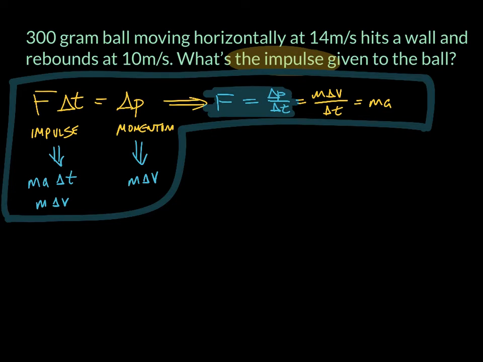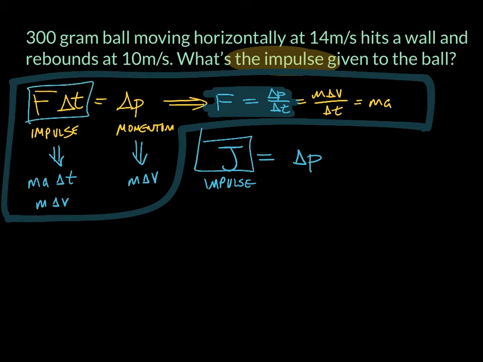So, since I is more important and taken for other things, J. J is impulse. Again, I just work here. I'm not responsible for picking these letters. So F delta T, we call it the impulse. It's going to be this weird kind of units thing, and we can solve directly for impulse.